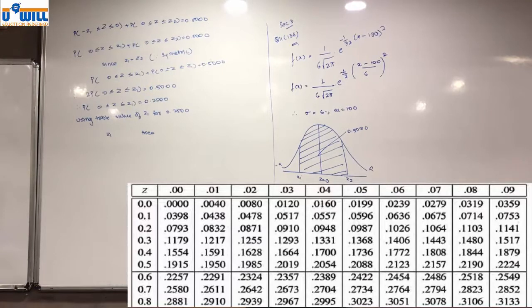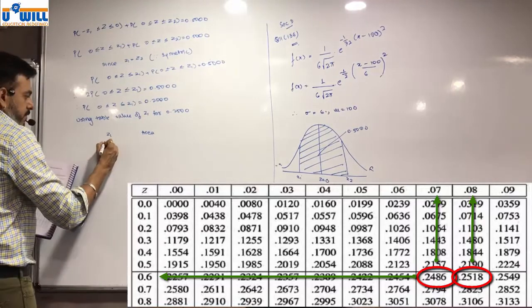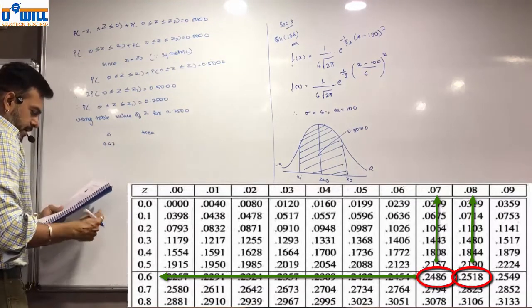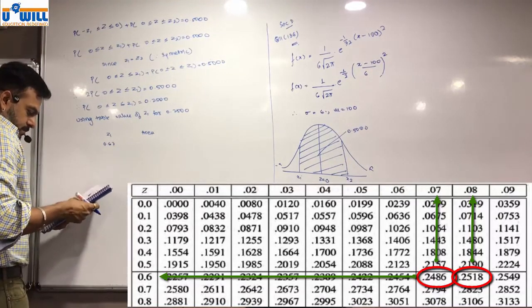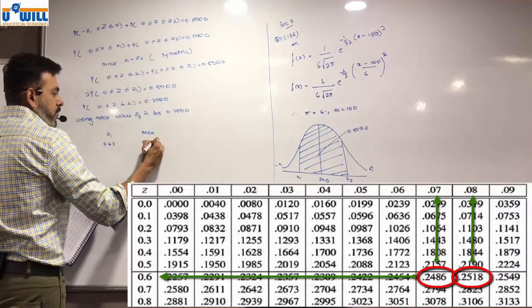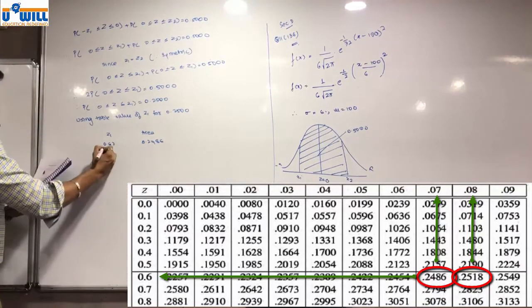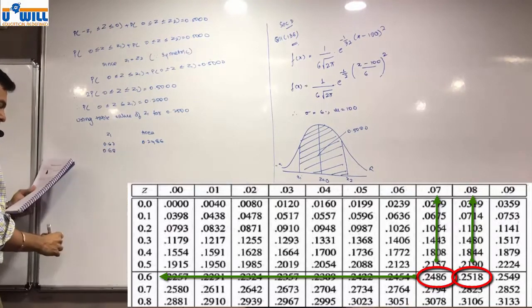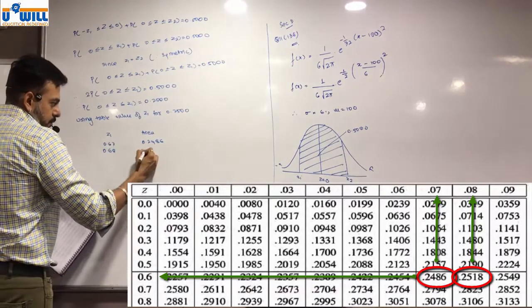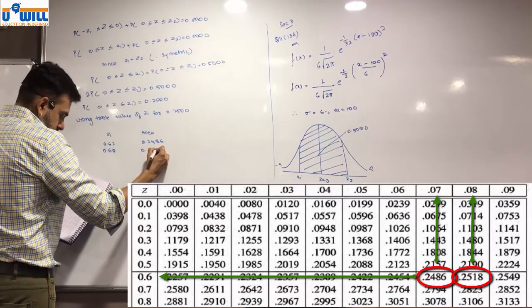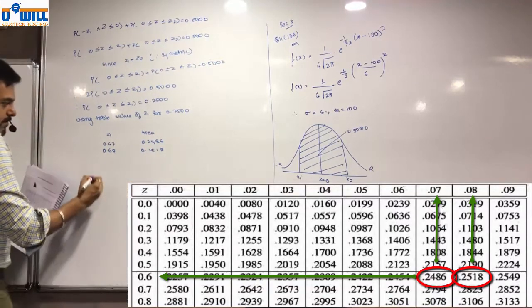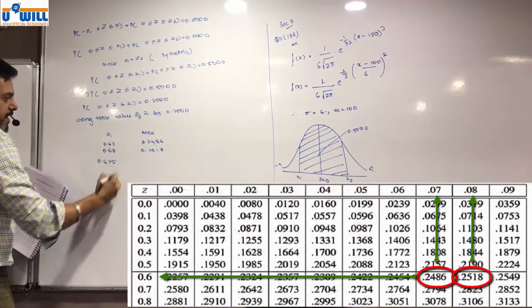Okay, 0.25. Can you exactly find out? 0.67 is 0.2486. So Z1 is 0.67, area is 0.2486, 0.68, area is 0.2518, 0.675.